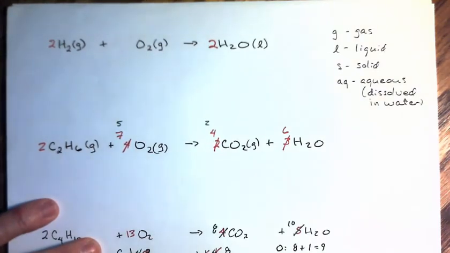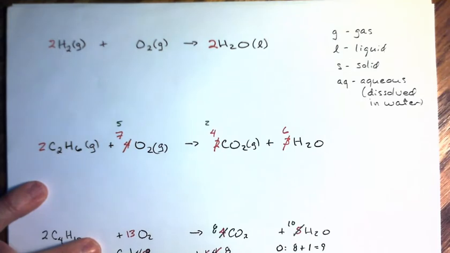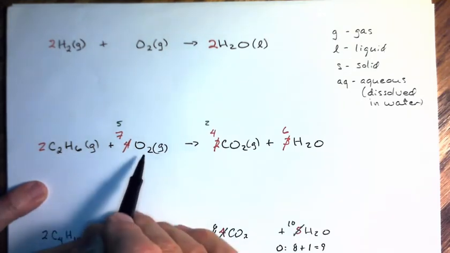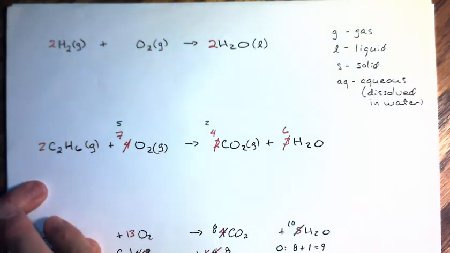Okay. And this one? You'd think it was a liquid, wouldn't you? Yeah, the problem is, and we'll find out more about this later, this is a combustion reaction. We're burning a hydrocarbon. Anytime you're reacting oxygen with a hydrocarbon, you will assume it to be burning. And if we're burning it, that generates a lot of heat, right? Well, when you have water with a lot of heat, what physical state is that going to be? A gas.